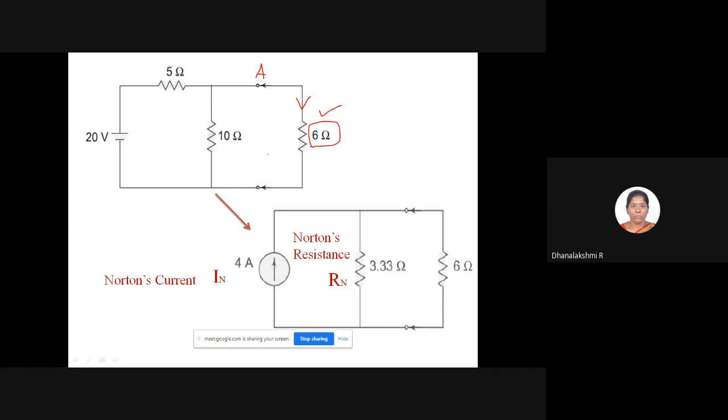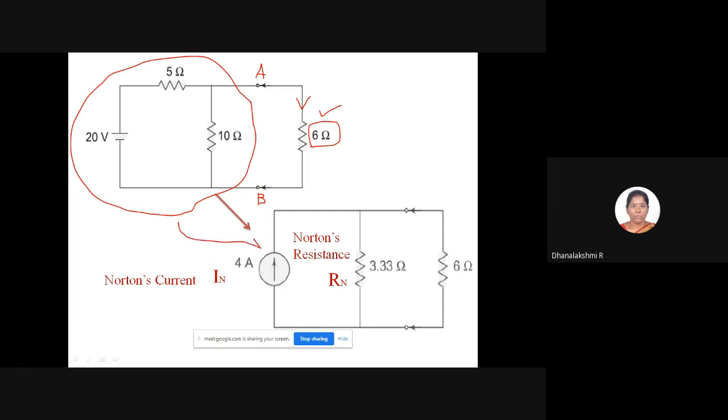Let me mark the terminal here as A, and here as B. Now the intention is to find the Norton's equivalent circuit. As we know already, this circuit or network has to be reduced into a single current source.